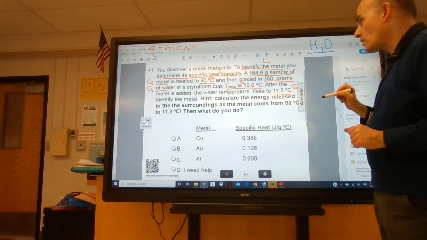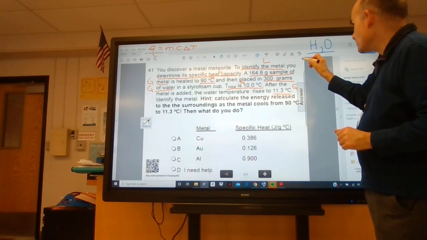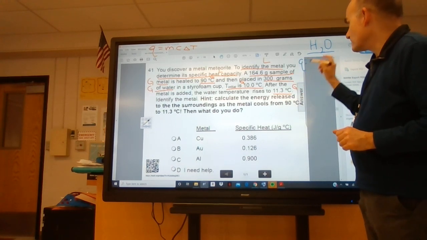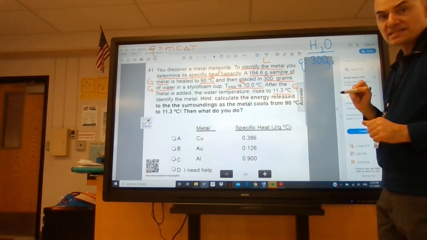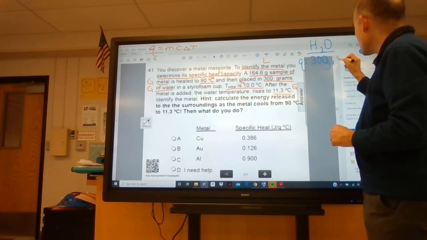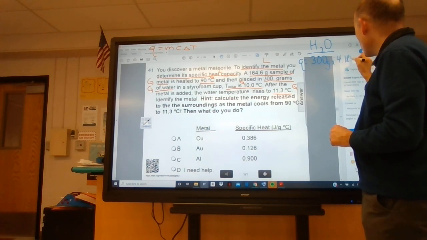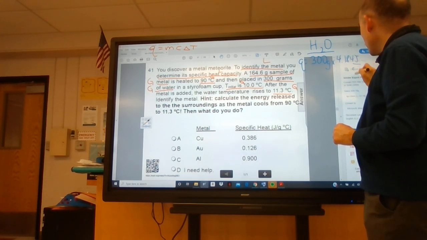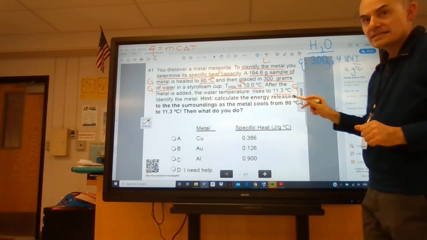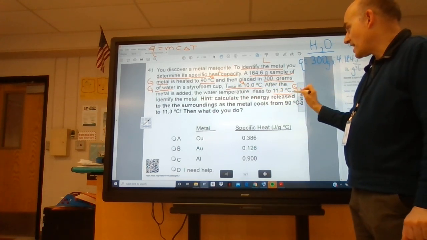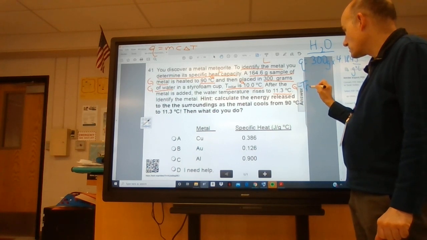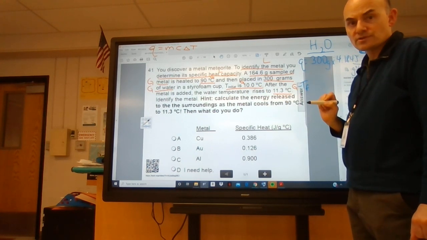So the Q for the water is equal to the mass of the water, which is 300 grams, times the specific heat capacity of the water, which is 4.184 joules per gram degrees C, times the delta T. Remember, delta T is the final temperature minus the initial temperature.